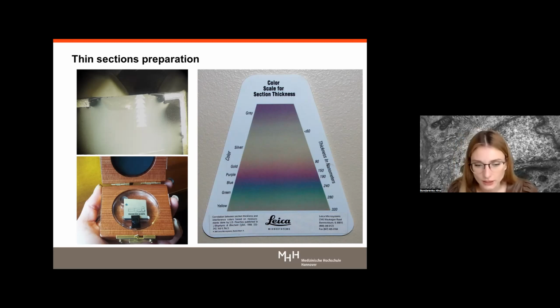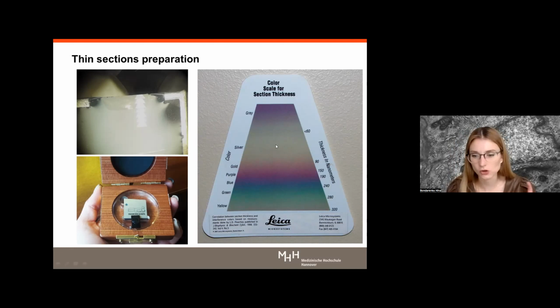Ultra-thin section, and now look, this is a color scale of section thickness that we can estimate just by reflection from the surface of this thin section. We use 70-80 nanometers of thickness for our section.